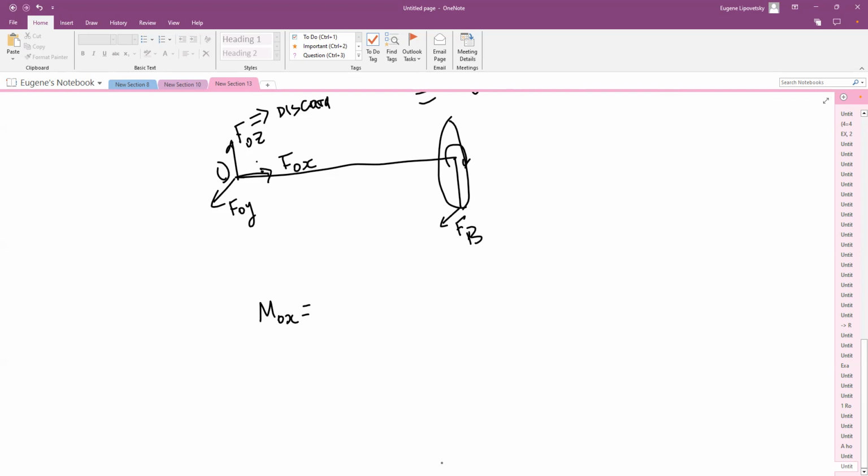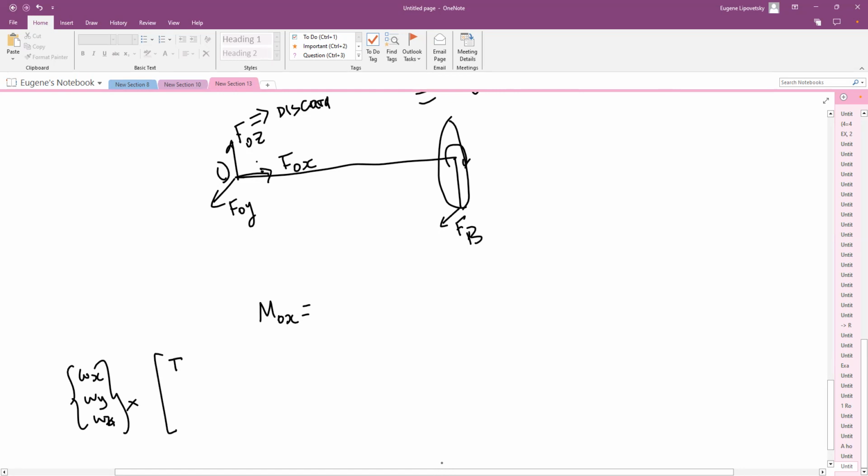the omega is constant. So therefore, looking at the equations, let me just remind you there. We have that omega x, omega y, omega z. We have the cross product with I omega x, I omega y, and I z omega z.